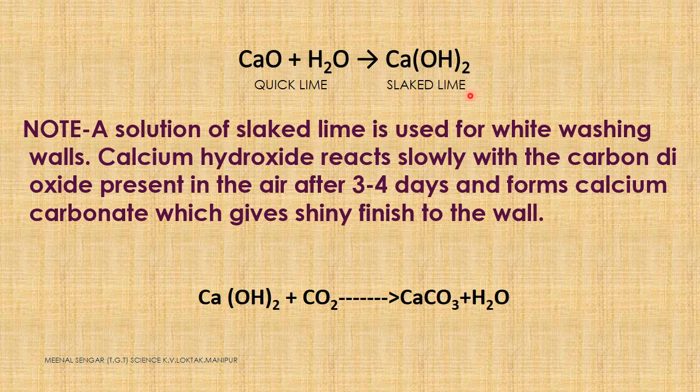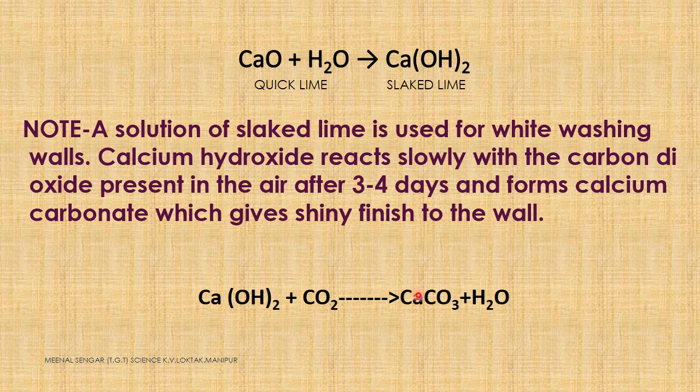This calcium hydroxide is also known as slaked lime. A solution of slaked lime, that is, the solution formed by adding calcium oxide and water together, is used for whitewashing. When we do whitewashing of the walls of our house, this calcium hydroxide is used.